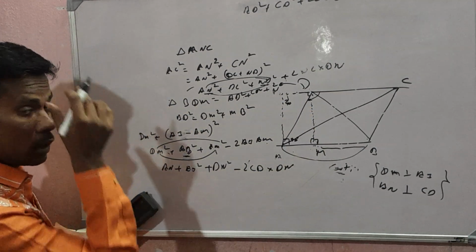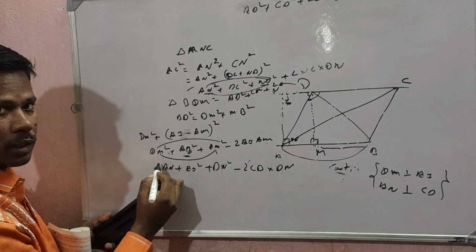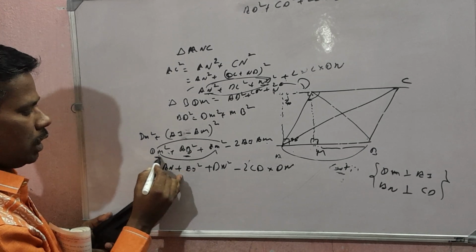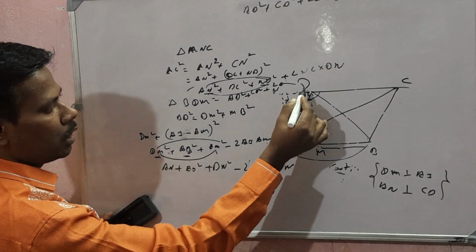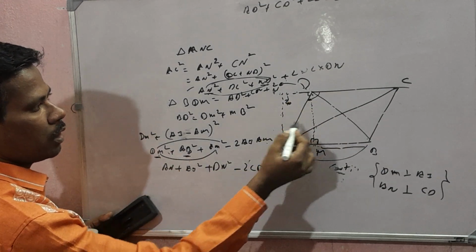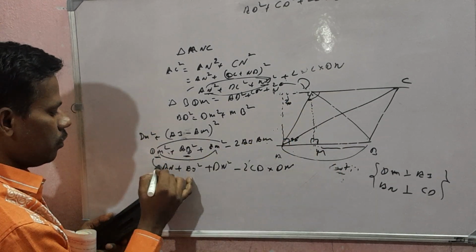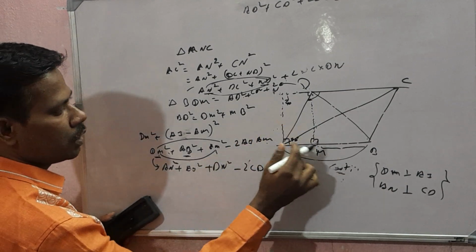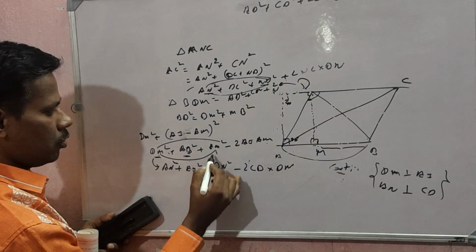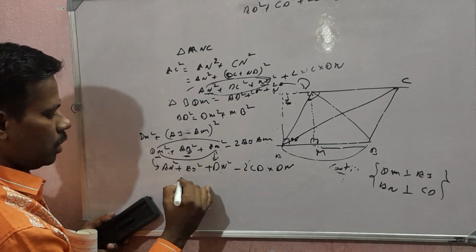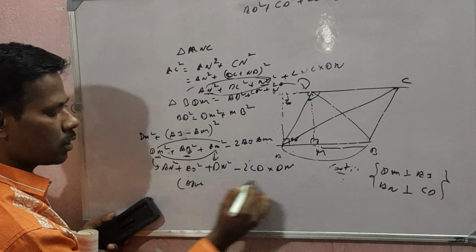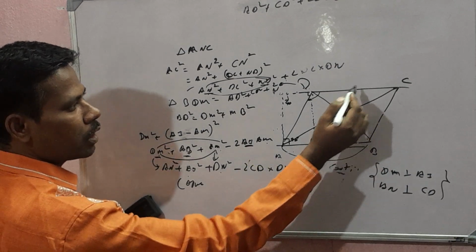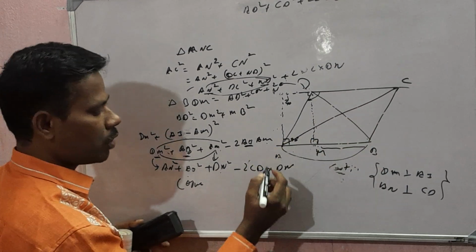Once again I am explaining this one clearly. Please understand this step carefully. DM is nothing but AN. In place of DM I have written AN. AM is nothing but DN, so in place of AM I have written DN, since opposite sides of a rectangle are equal. In place of AB I have written CD, since opposite sides of a parallelogram are equal.